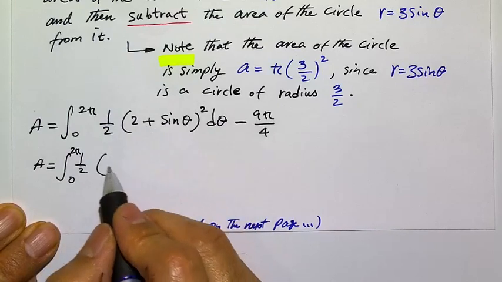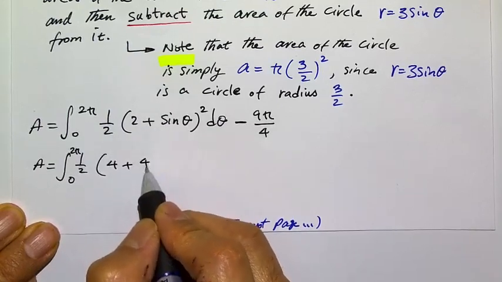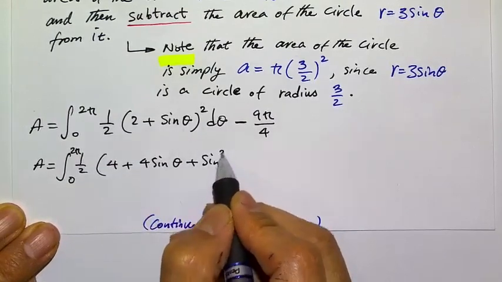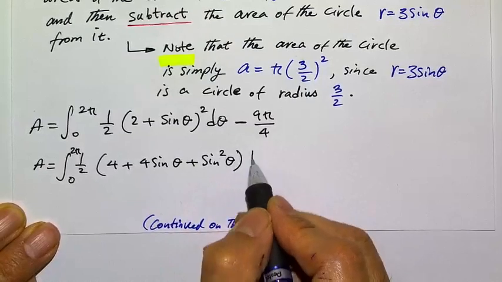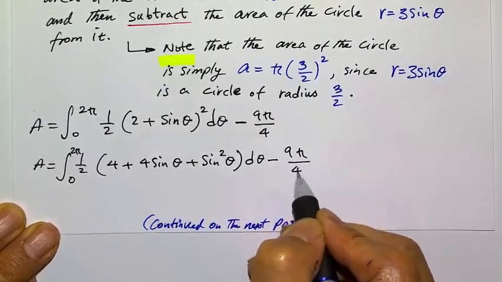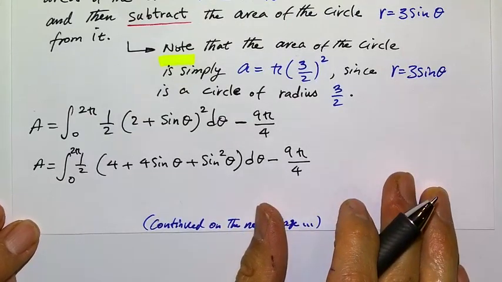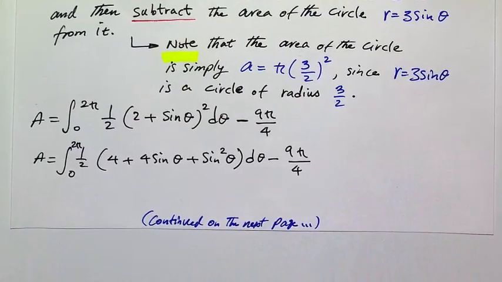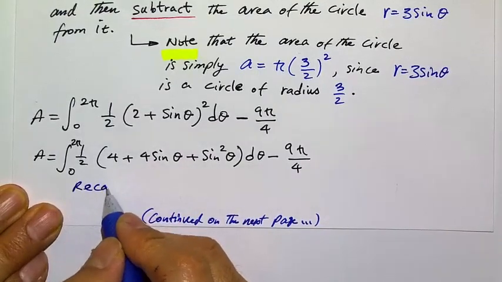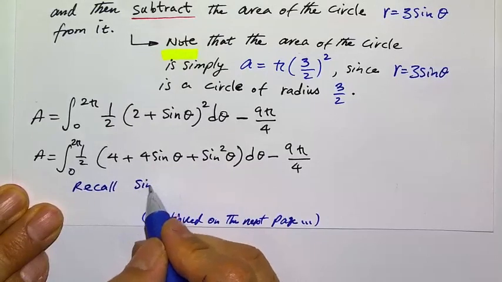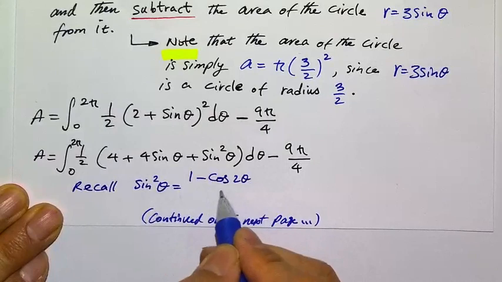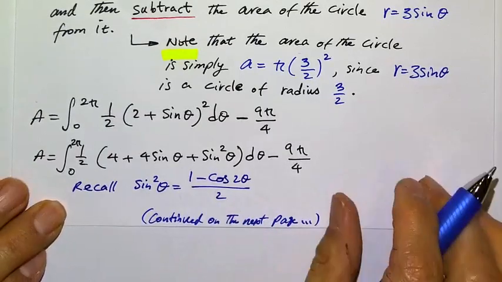And this is 4 plus 4 sine theta plus sine squared theta d theta minus 9 pi over 4. And then recall that sine squared theta is of course equal to (1 minus cosine 2 theta) over 2.